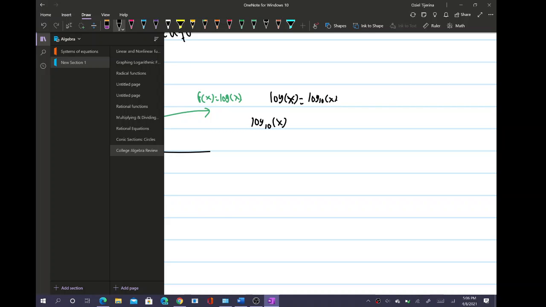So that means that if we were to write this in exponential form, it would be log base b of y equals x if and only if b to the x equals y, okay?